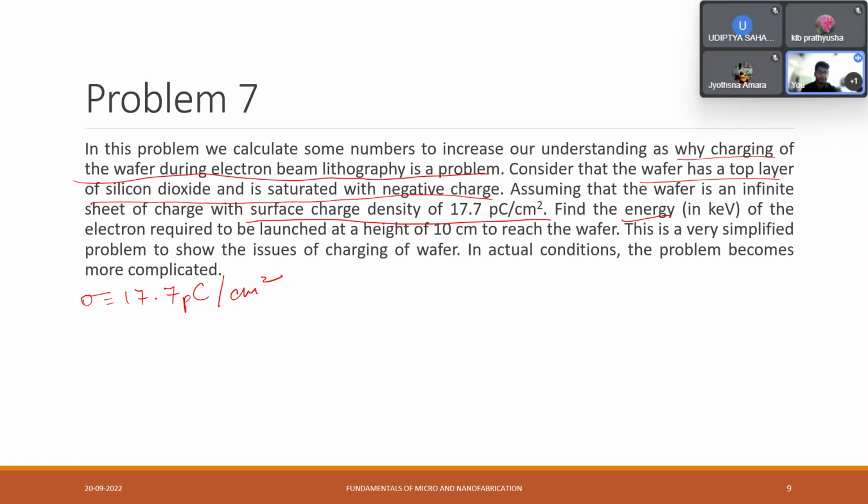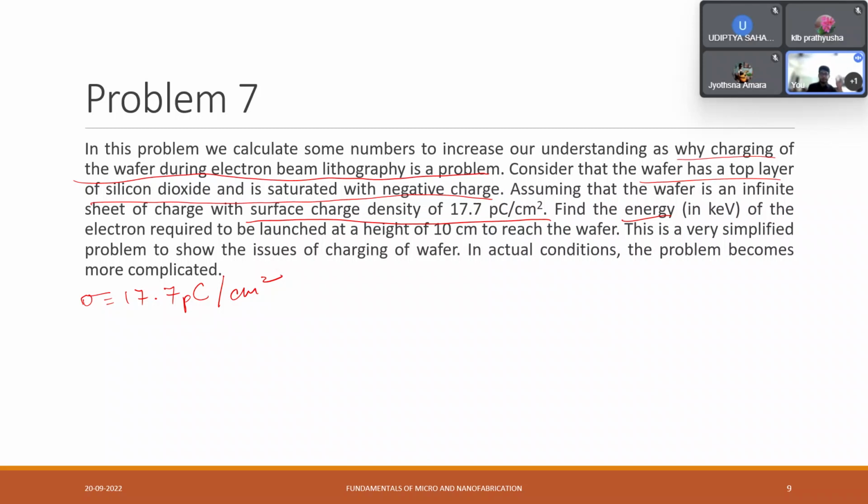And you have to find the energy of the electron required to be launched at a height of 10 centimeter to reach the wafer. Because the electron is negatively charged and the surface is also negatively charged, you have to tell what energy it needs to possess, so that it is accelerated such that it can reach the wafer.